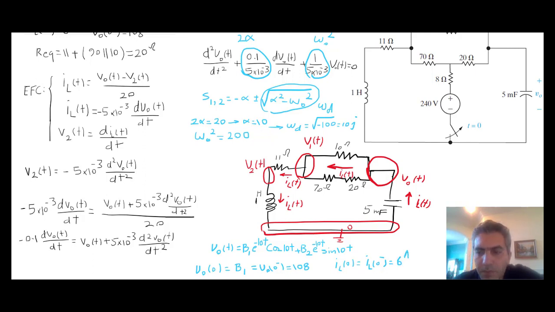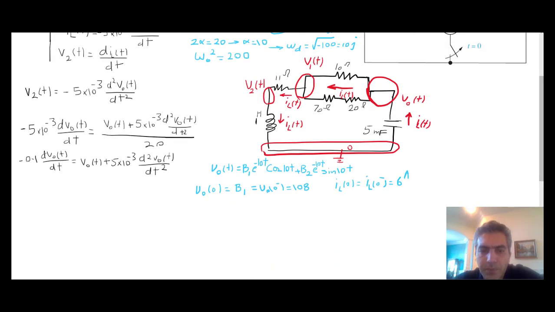Once you do that, the second equation that you're going to get is going to look like this: 10 B2 minus 10 B1 is going to be equal to minus 1200.